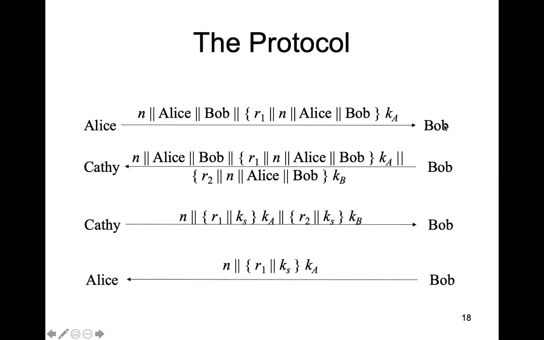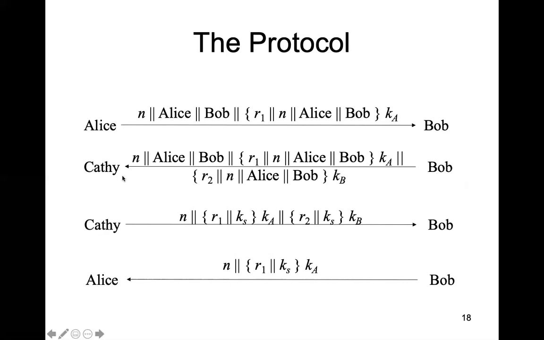Instead of Alice talking to Kathy in the first place, Alice is talking to Bob. So Bob can only see this stuff over here in the clear, and the rest he cannot decrypt because it's encrypted under KA, the key that Alice and Kathy share.